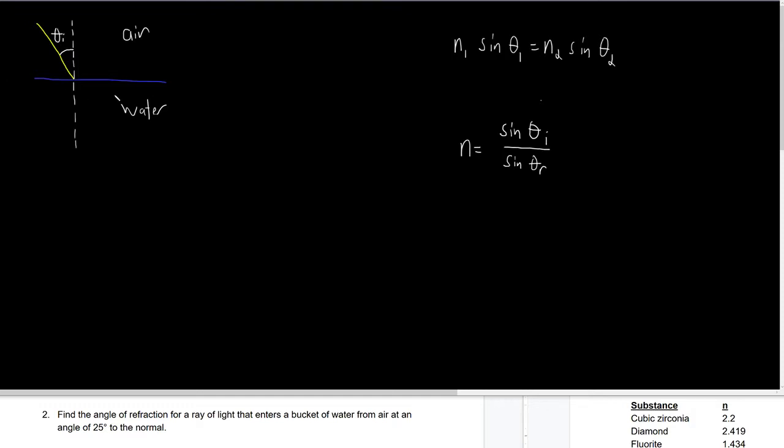If you remember from refraction, it's the bending of a wave as it goes from one medium to another, but that bending is being caused by a change in speed. So let me draw a new angle here.